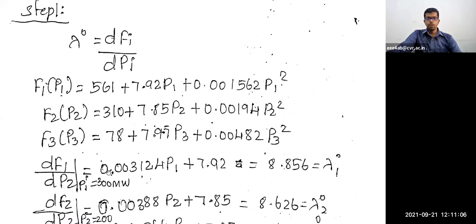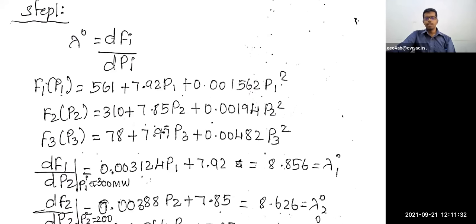What you need to do is differentiate the first fuel cost equation with respect to P1, and substitute P1 as 300 megawatt in that. If you differentiate, you will get 0.003124 P1 plus 7.92.